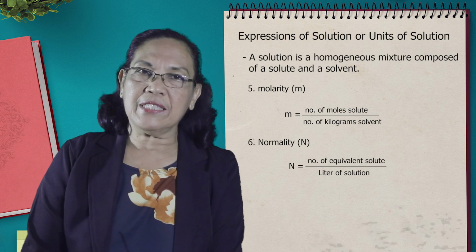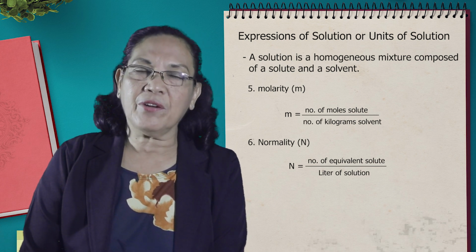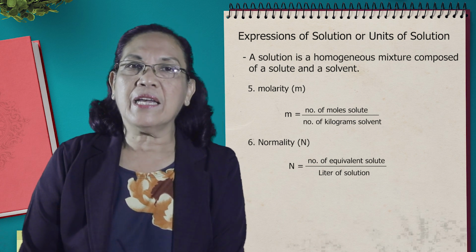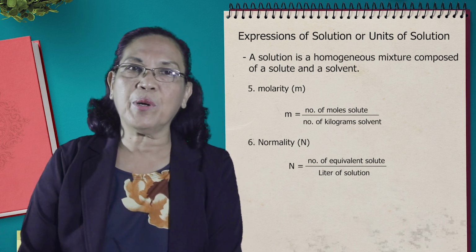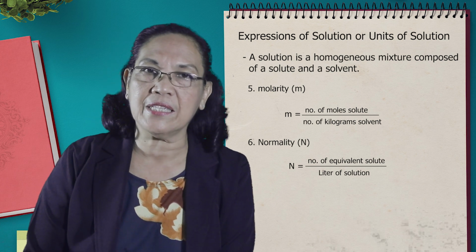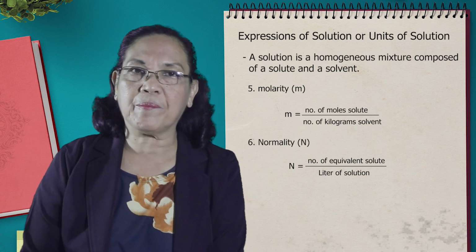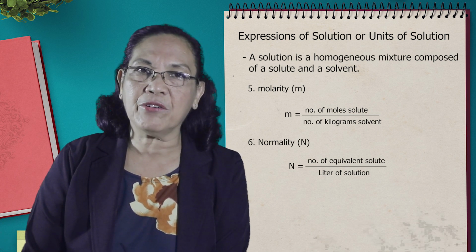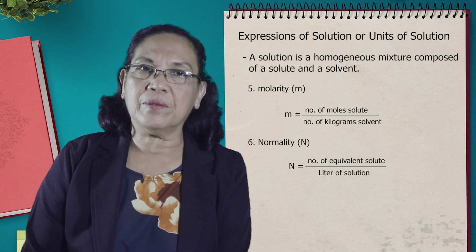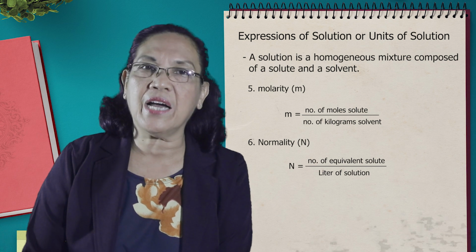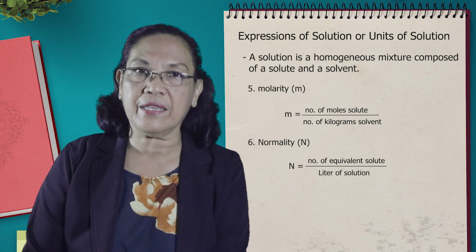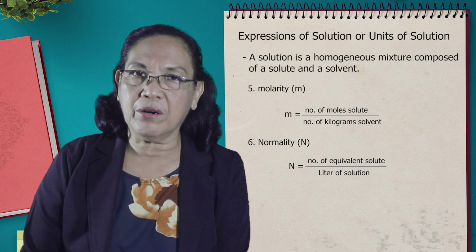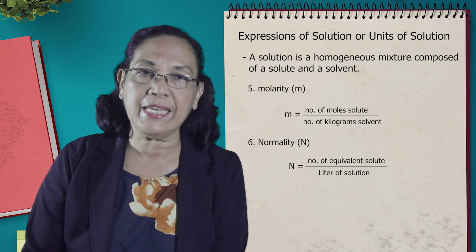If the solute is an acid, then you are going to get the molecular mass of this acid divided by the number of hydrogen ions contained in the acid. For example, if the acid is hydrochloric acid, get the molecular mass of hydrochloric acid, that is 36, because hydrogen is 1 plus chlorine is 35, so you have 36.